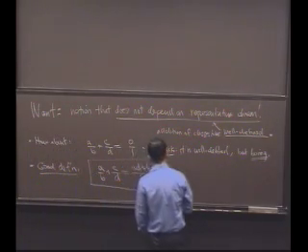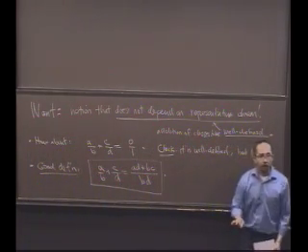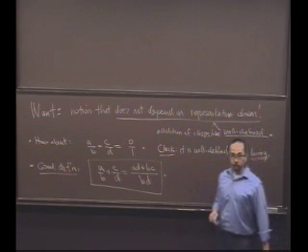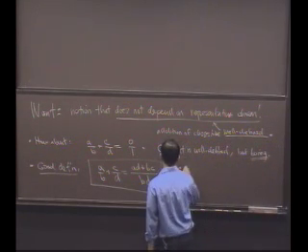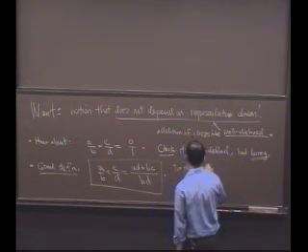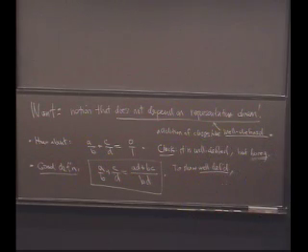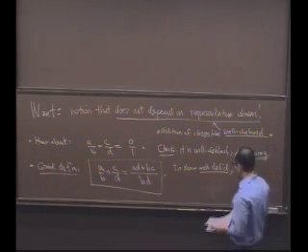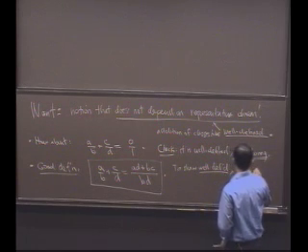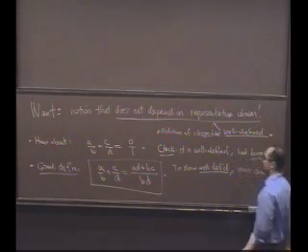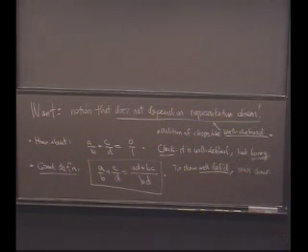What would I have to do, and you're going to do this on your homework, what would I have to do to show this is well defined? To show that it's well defined, I must show what?